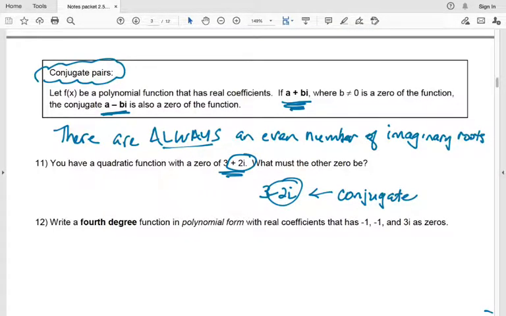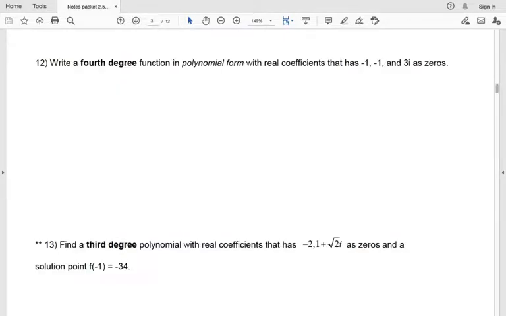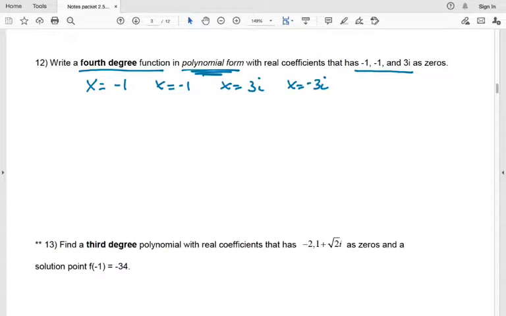All right, so let's do an example. Okay, so they want us to write a 4th degree function in polynomial form, not factored form, with these zeros right here. Okay, so right now what I know is that my roots are x equals -1, x equals -1, and x equals 3i. Because x equals 3i is one of my roots, so is x equals -3i.